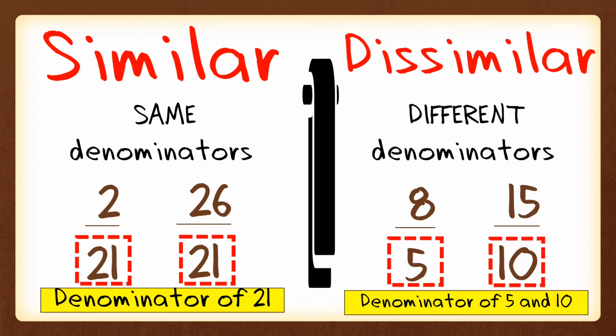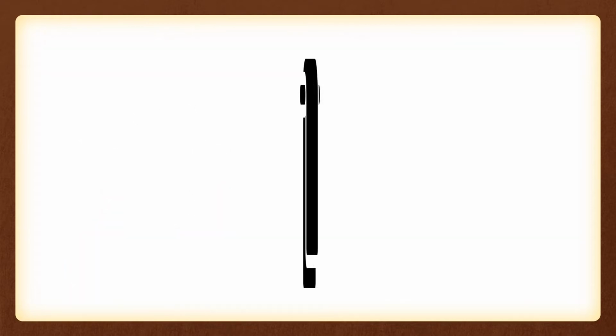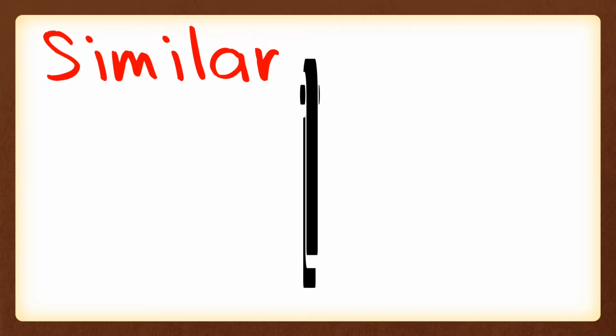Okay, just look at some more samples so that we can determine whether the two given fractions are similar or dissimilar fractions. So I'll give more examples of the similar fraction.